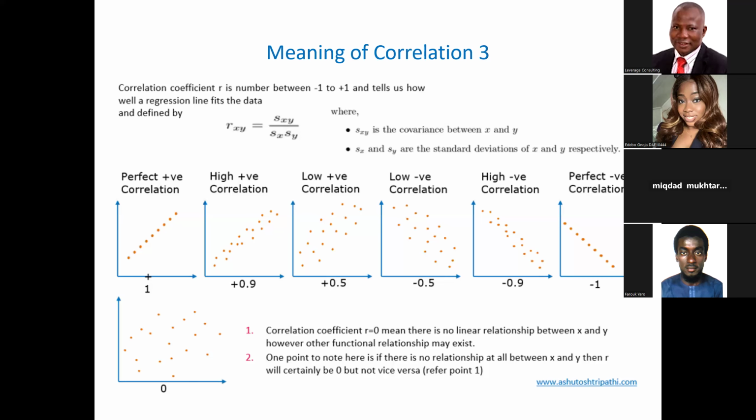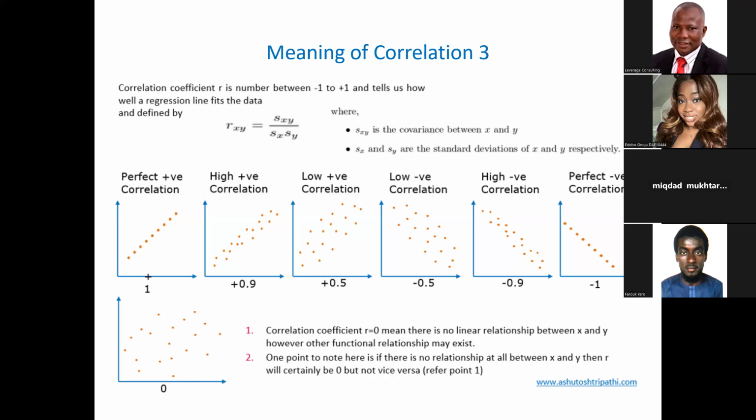Because it's in a positive direction, both of them increase together. Look at the other one that is not perfect, but it's 0.9. It's a little bit scattered, but you can see the direction is moving. The same thing with this one, 0.5. Can you see the direction is moving? Now look at this other one, moving in the opposite direction. That is the negative correlation.